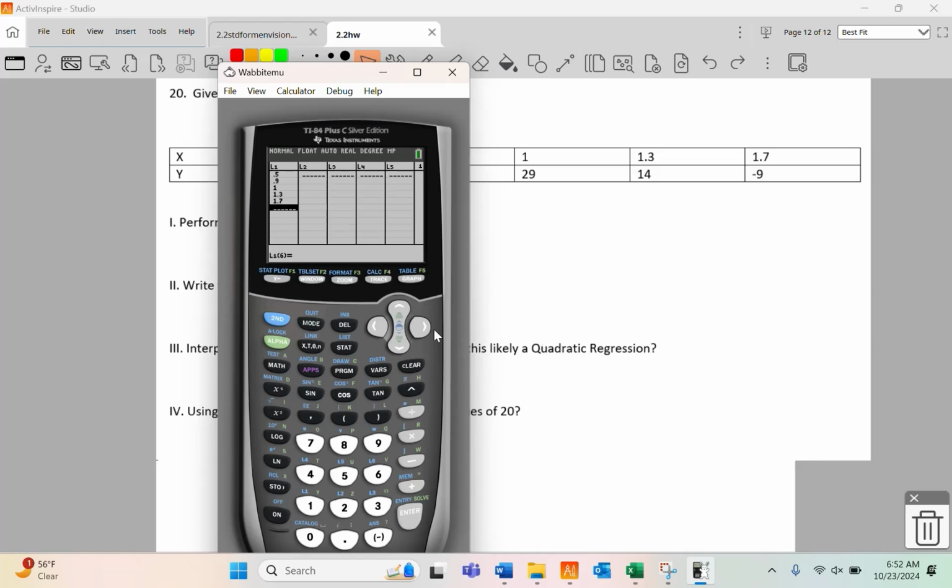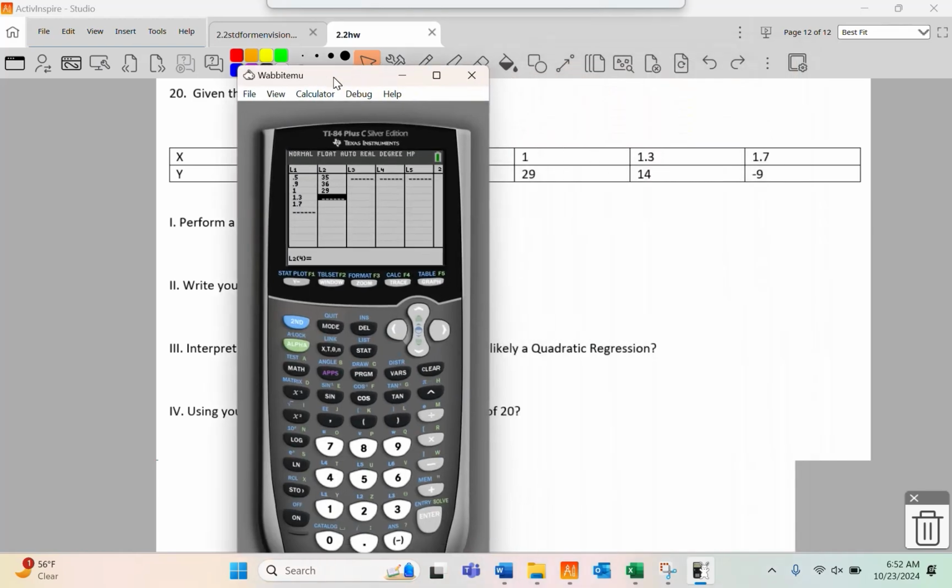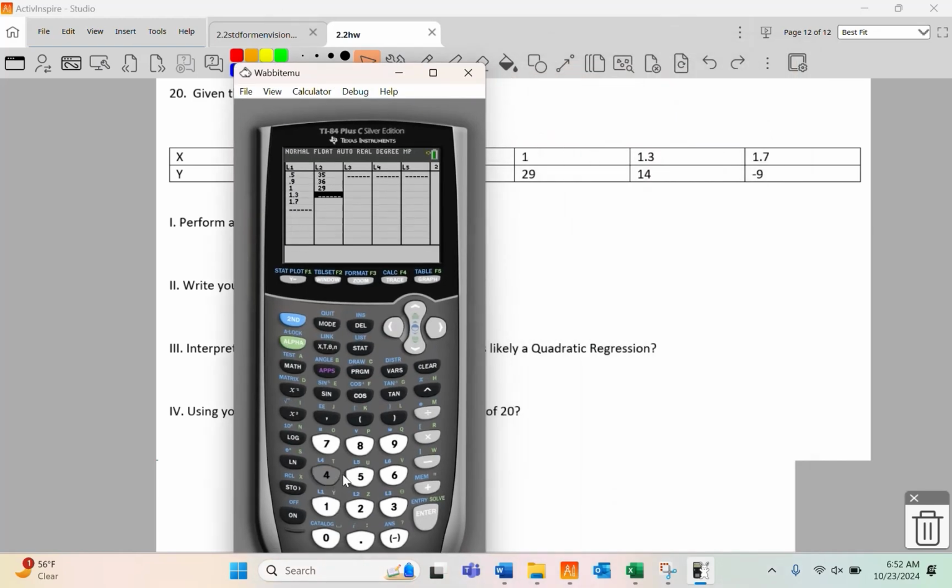And in list 2, I'm going to put in row 2.